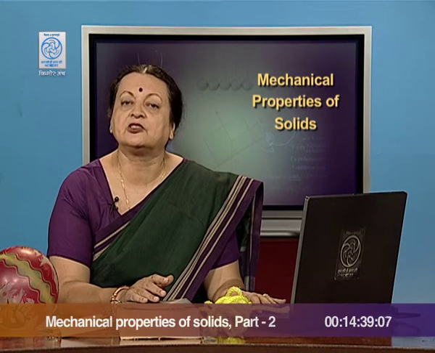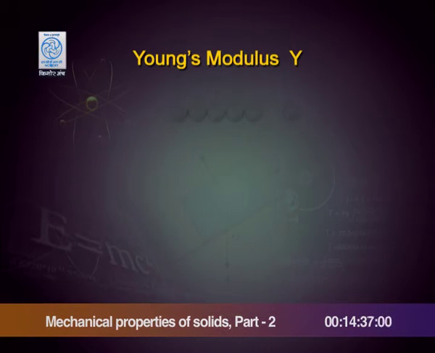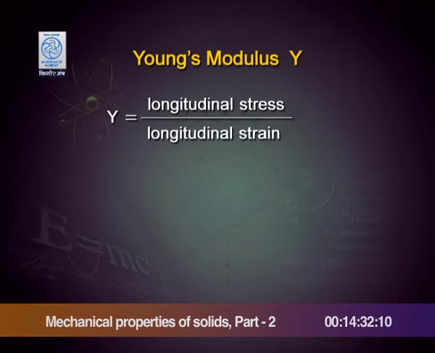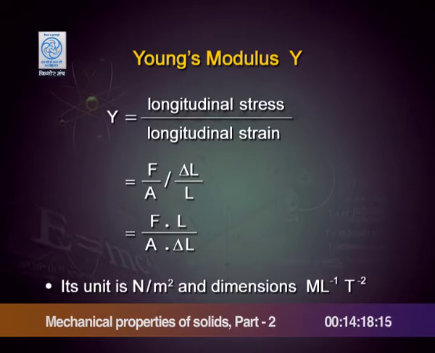So, tensile modulus of elasticity is called Young's modulus, and it is measured as the ratio between longitudinal stress and longitudinal strain, and it would be given by F/A divided by ΔL/L, and it has a unit of Newton per meter square, and its dimensional formula would be M L^-1 T^-2, which is same as that for stress.